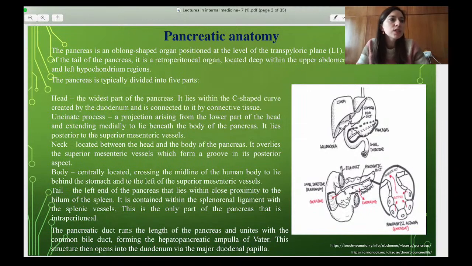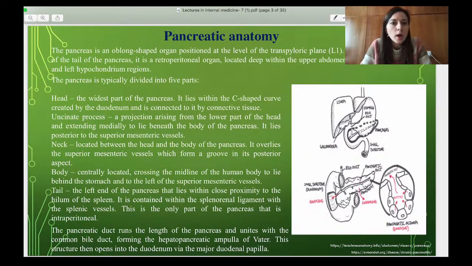It is a retroperitoneal organ located deep within the upper abdomen in the epigastrium and left hypochondrial regions. The pancreas consists of 5 parts.